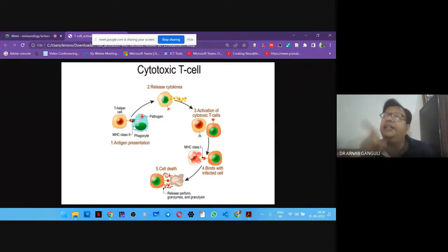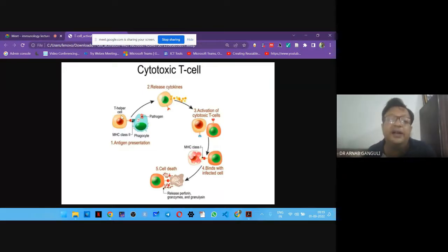But the moment a non-self protein comes inside from outside, some bacteria, virus, or something, some of their proteins come inside, these T cells will recognize it as the infected cell, and these killer T cells, cytotoxic T cells, will come and bind and kill that infected cell with the virus and eliminate the danger threat.